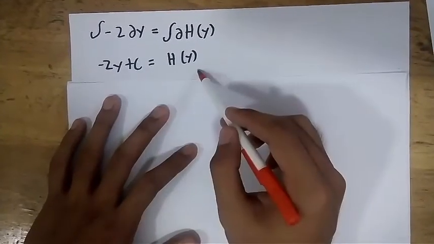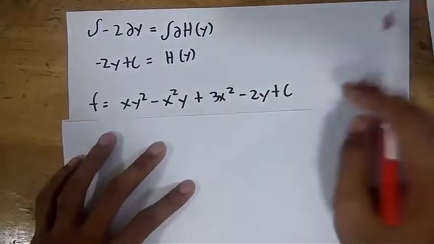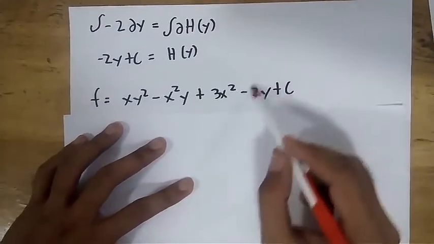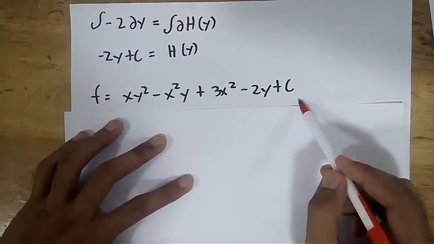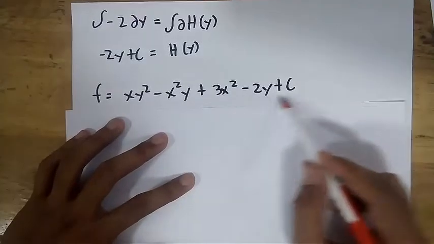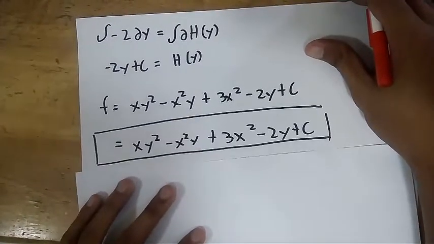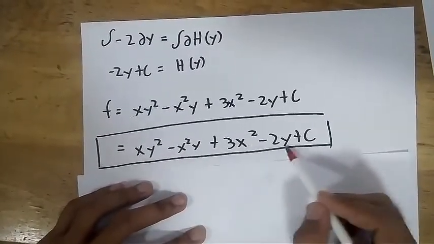So f is equal to xy squared minus x squared times y plus 3x squared minus 2y plus c. Our final answer will be x times y squared minus x squared times y plus 3x squared minus 2y plus c.